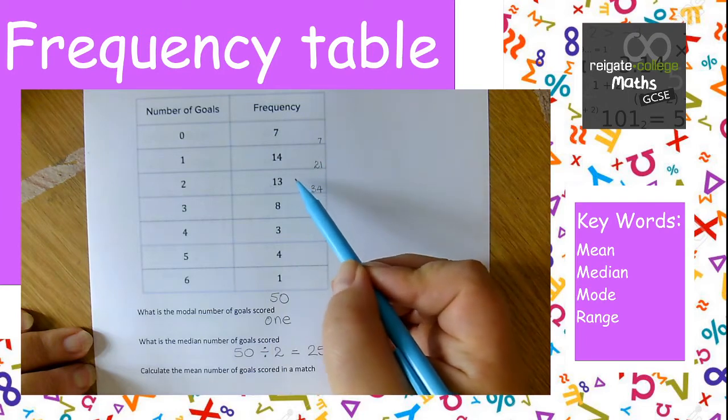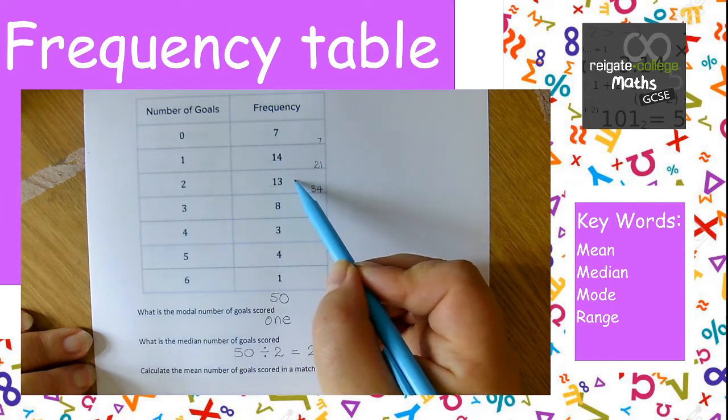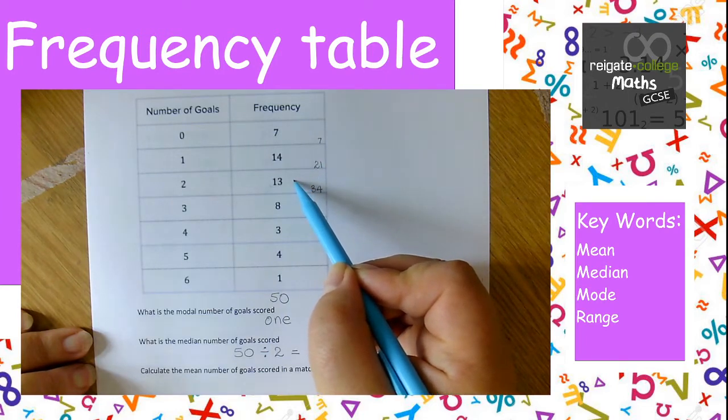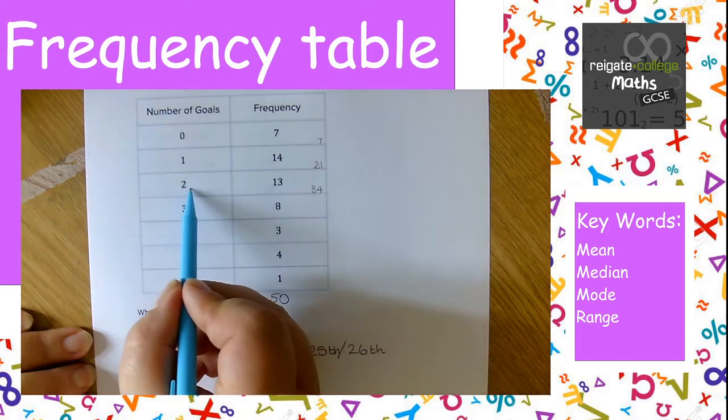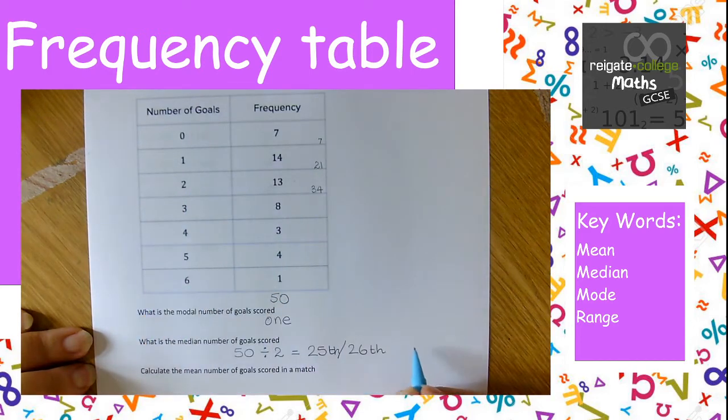So the 25th and 26th match is in this group here. Therefore, the median number of goals scored is going to be 2 goals scored.